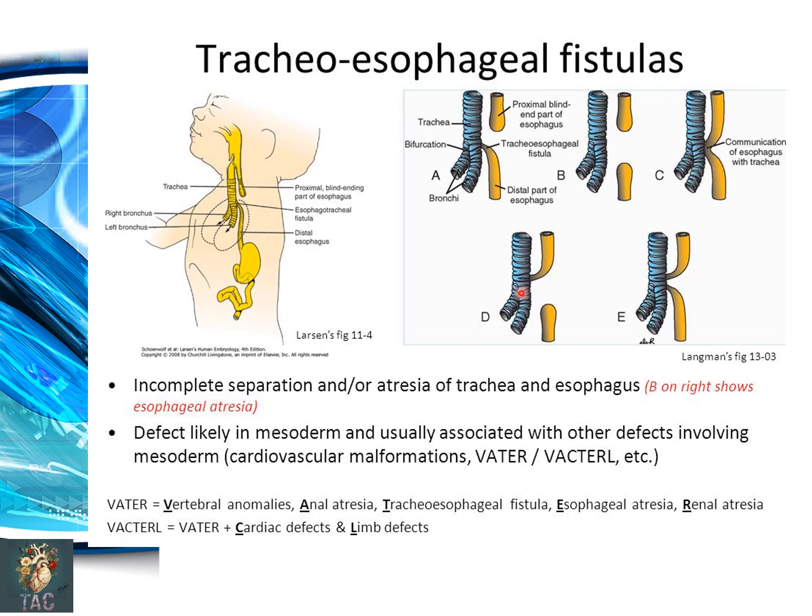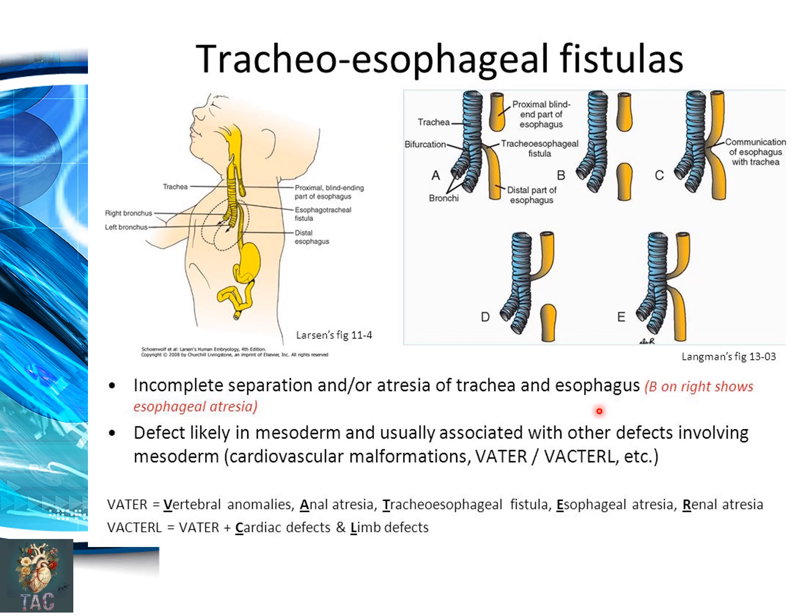In this case the upper part has a connection with the trachea and the lower part ends as a blind-ending tube, and in this diagram you can see both the upper and the lower parts enter separately into the trachea. So these are the different tracheoesophageal fistulas because of the incomplete separation and or atresia of the trachea and esophagus.